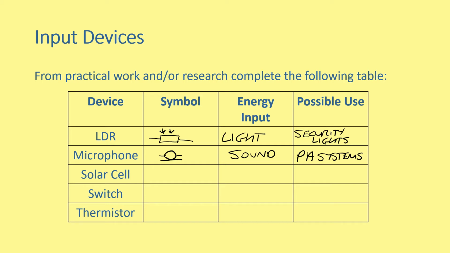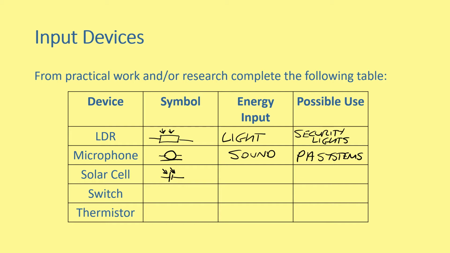A solar cell is just a cell that works when it's provided with light energy. So we start with the symbol for a cell, short line and a long line, and again we draw the arrows going in which show that it's dependent on light.